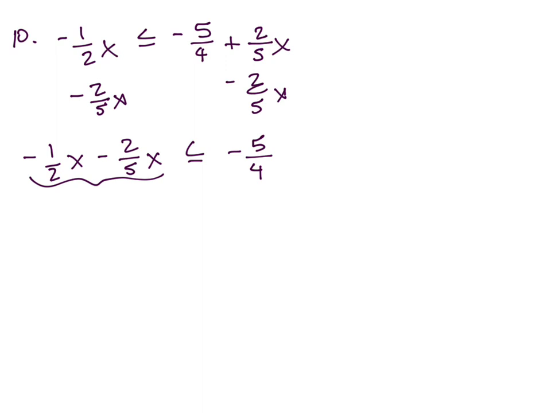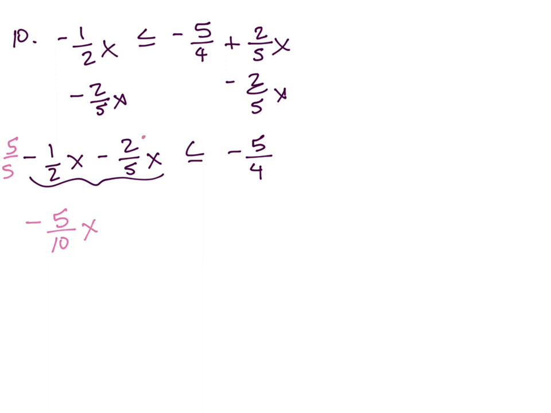Okay, so if I need a common denominator of 10, what am I going to multiply the first term by? By 5/5. Remember, I have to do the same thing top and bottom so that I can say that it's legal. I'm multiplying this thing by 1, really not changing anything. But now I'm going to call it negative 5/10 x.